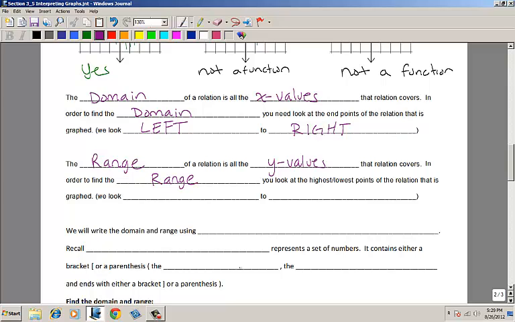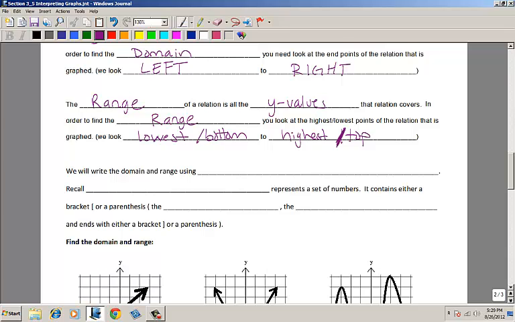Again, because the range deals with the y values and the y-axis is vertical, we look from the lowest point or bottom to the highest point or the top. So we're going to be finding domains and ranges of relations. Domain will look left to right. Range will look bottom to top. We will write the domain and range that we find using interval notation.